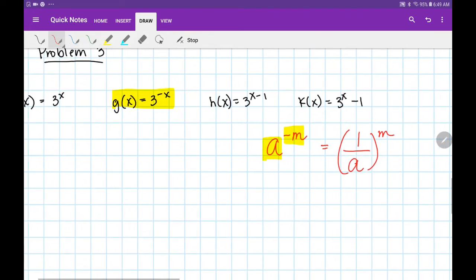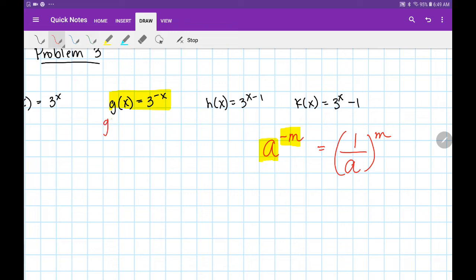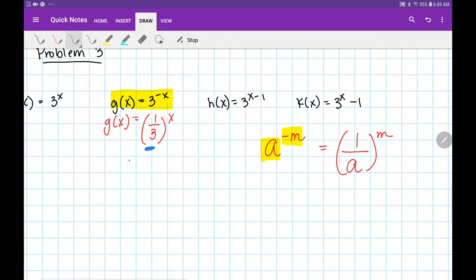Well, we'll do the same thing here. Instead of keeping it as 3 to the negative x, we'll recognize that this really means I have 1 over 3 to the power of x. And now that we have our x positive, we can identify growth or decay. And clearly now, this is actually a decay graph. So it's tricky because at first, if you look at the 3, it looks like it's growth.